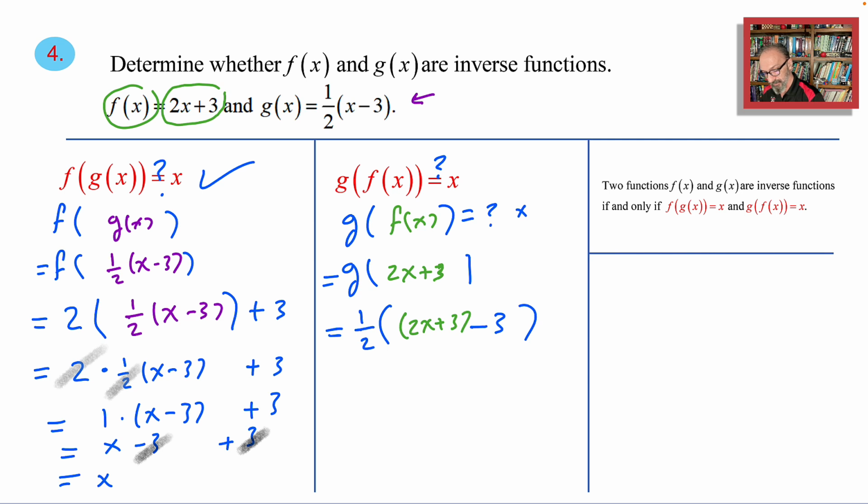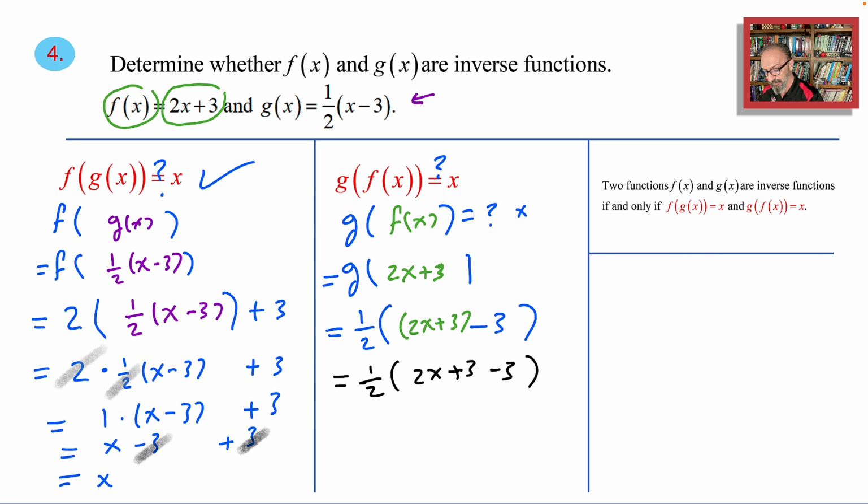Inside, it's just 2x plus 3, and we have a minus 3. There is no need for the parentheses. I just had them to show you the substitution.